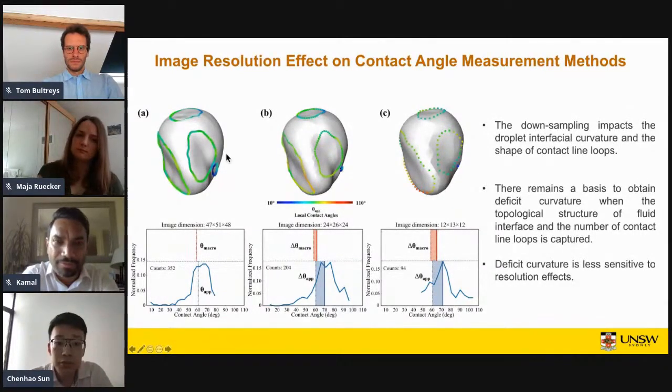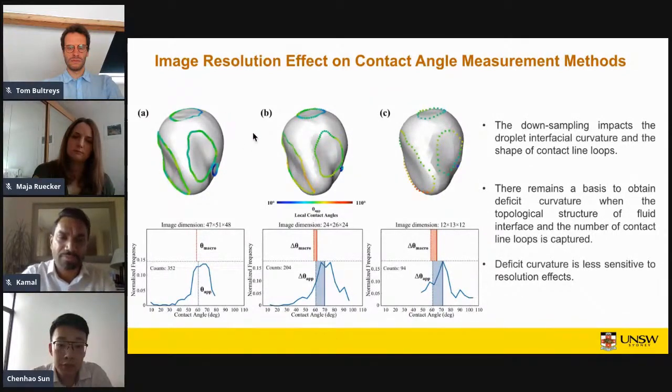It also has a great impact on the macroscopic contact angle values. But for the macroscopic contact angle derived from the deficit curvature, there remains a basis to obtain the deficit curvature as long as the topological structure of the fluid interface and the number of contact line loops is captured.